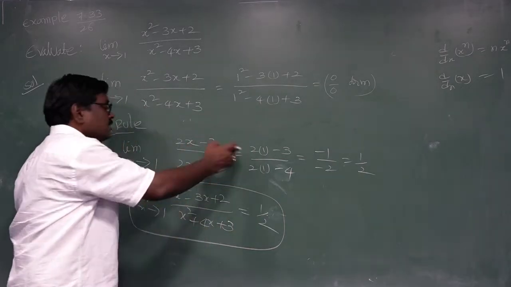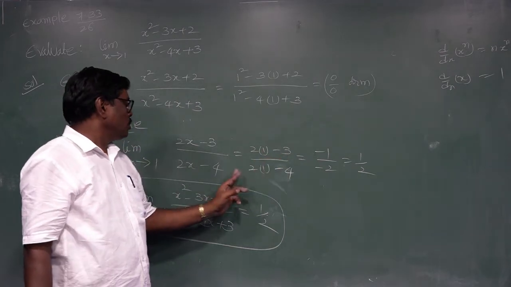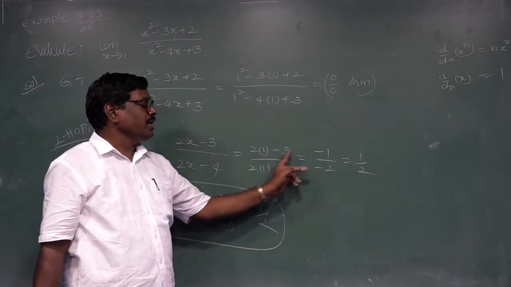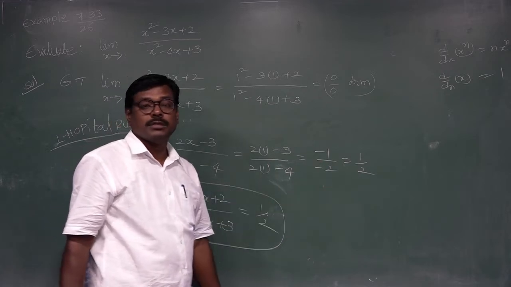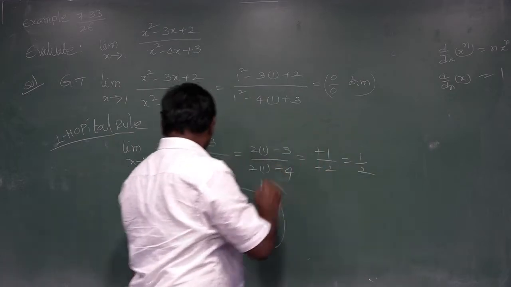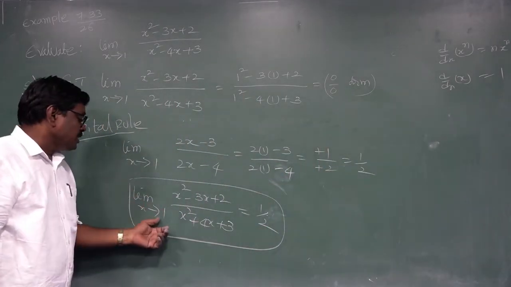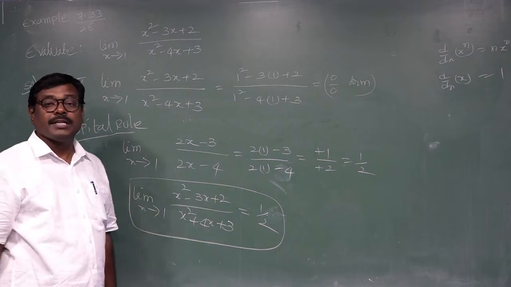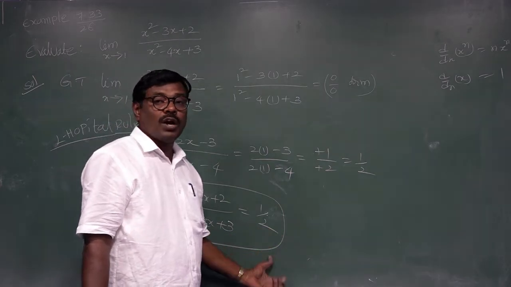Now substitute 1: 2 into 1 minus 3, and 2 into 1 minus 4. 2 minus 3 is minus 1, and 2 minus 4 is minus 2. Minus by minus is plus, so both minus signs cancel. The result is 1 by 2. Finally, the limit as x tends to 1 of (x square minus 3x plus 2) by (x square minus 4x plus 3) equals 1 by 2.